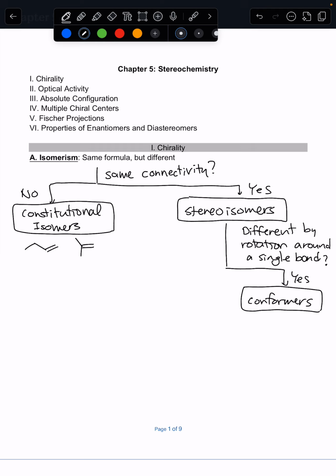Now, if the difference does not arise just from the rotation around a single bond, then there are some sort of configurational isomers.